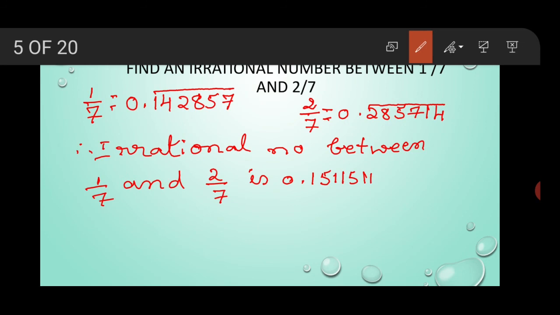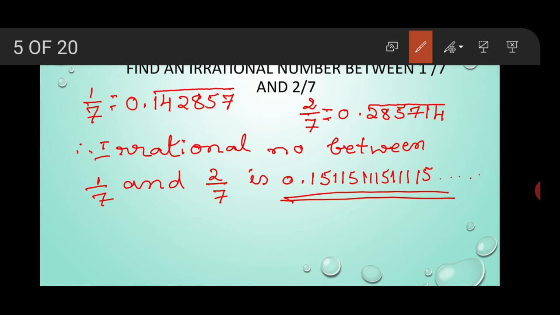And 115, again 1115, again 11115, like that. See, these digits are not repeating, not terminating. So they are non-terminating, non-repeating, which means it is an irrational number.